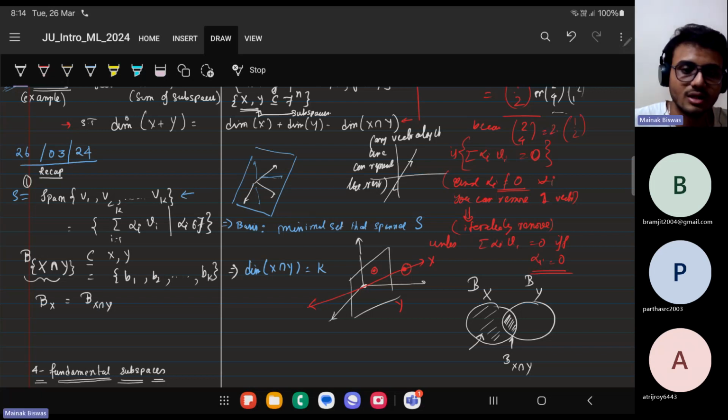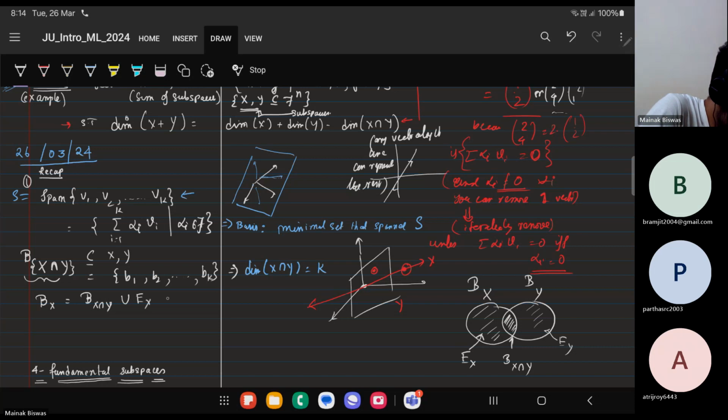Some parts, intuitively. The rest of it, let us define this as extension set EX, and this, say, EY. So I will write this as B1, B2, Bk, and I can write X1, X2, dot, dot, dot, Xn, say.